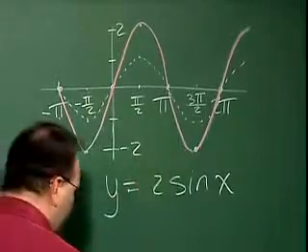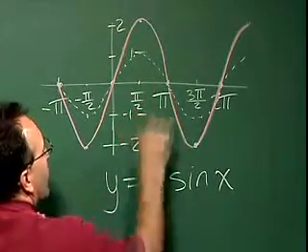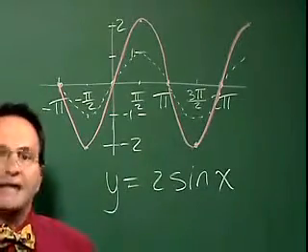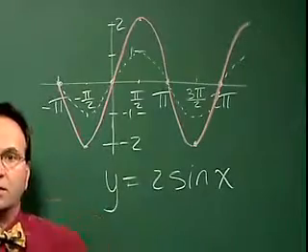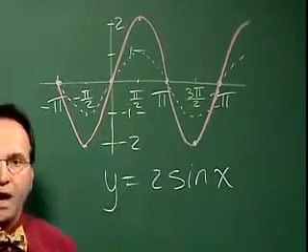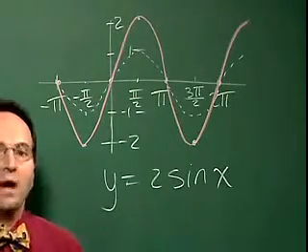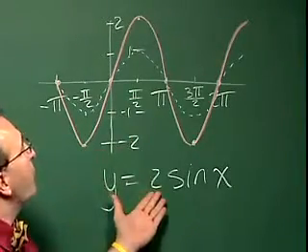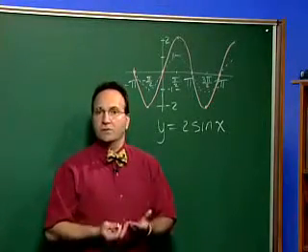So for the regular sine curve, remember the max value is 1 and the minimum value is negative 1. So halfway between those two, that's a total distance of 2, halfway is 1. So the normal amplitude for just y equals sine x is 1. So the amplitude for what we just looked at, y equals 2 sine x, would be equal to 2.